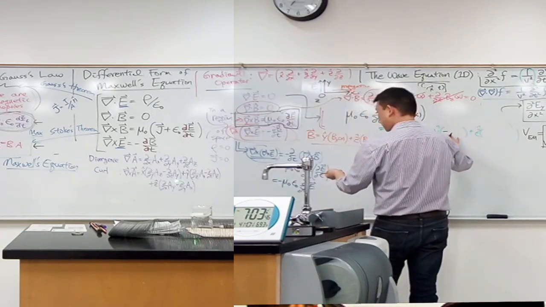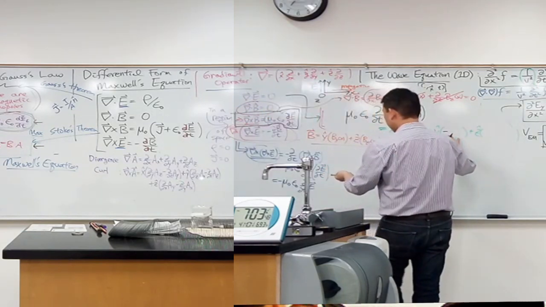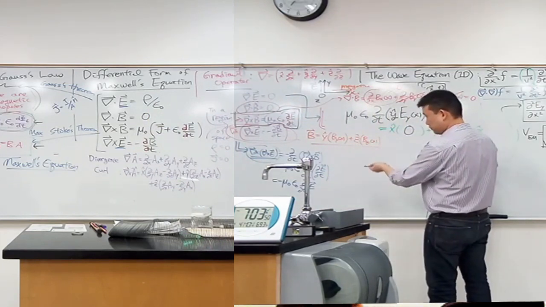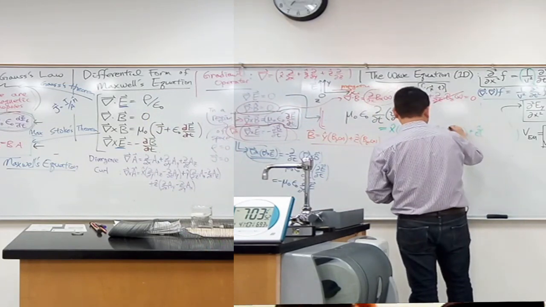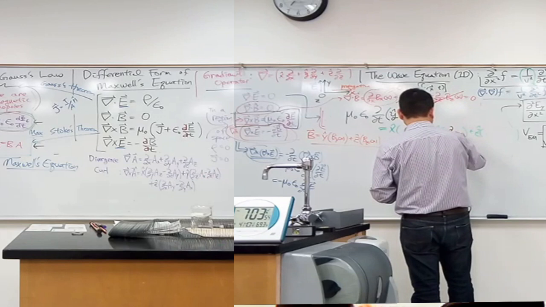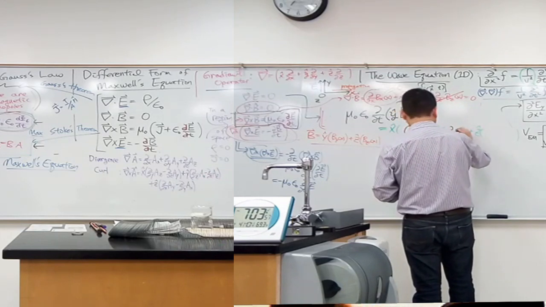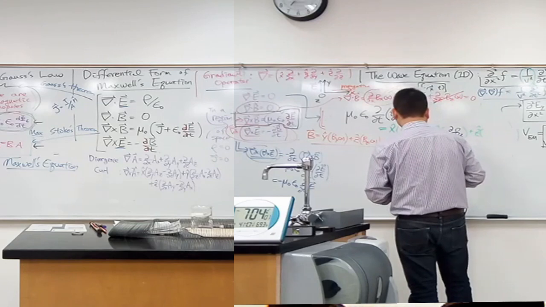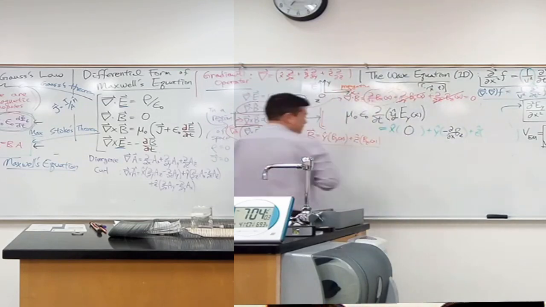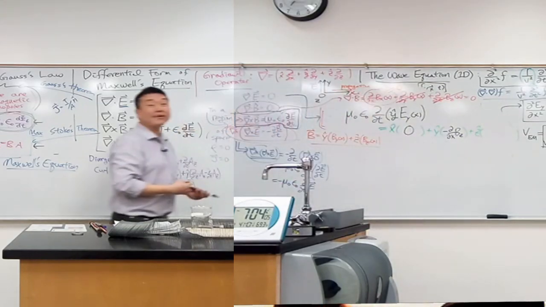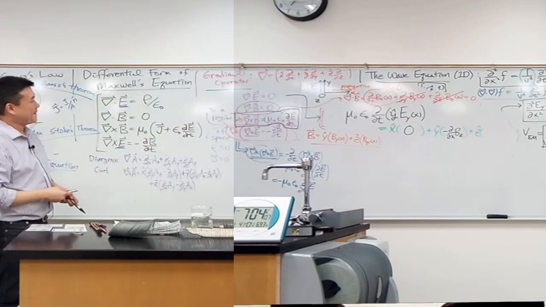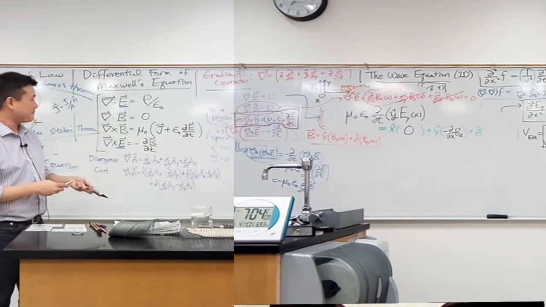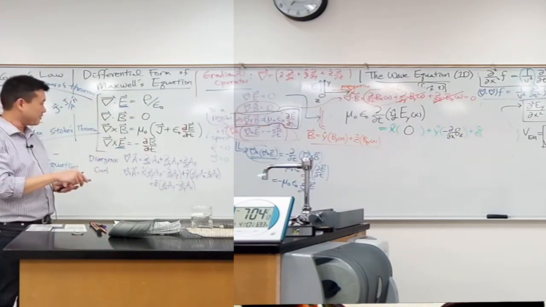I'm doing the y component, the second term, so the derivative of the z component with respect to x. So minus the derivative with respect to x of B_z. I feel like that minus sign doesn't belong there, but we'll see. Yeah, I think I might know why that's there. I'll have to reason that through.